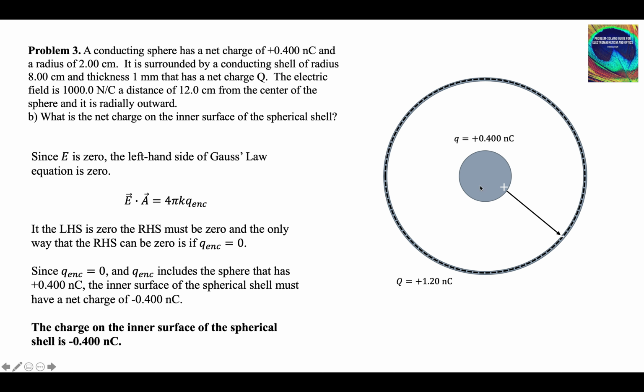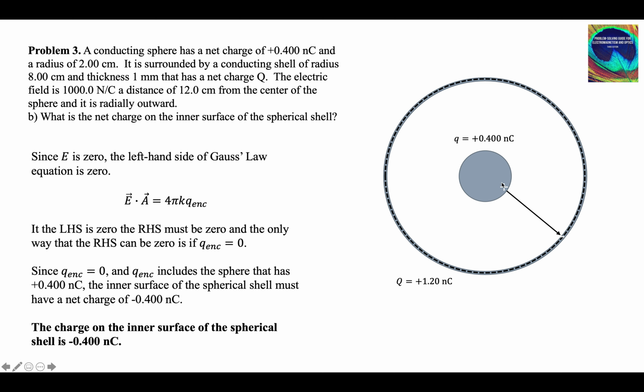Let's think about why that is. So this spherical shell has charges all around it. I just drew one representative charge. Positive charges have field lines going away from them. There can't be any field line going through the metal. Field line has to end on the inner surface of the metal. Field lines end on negative charges.